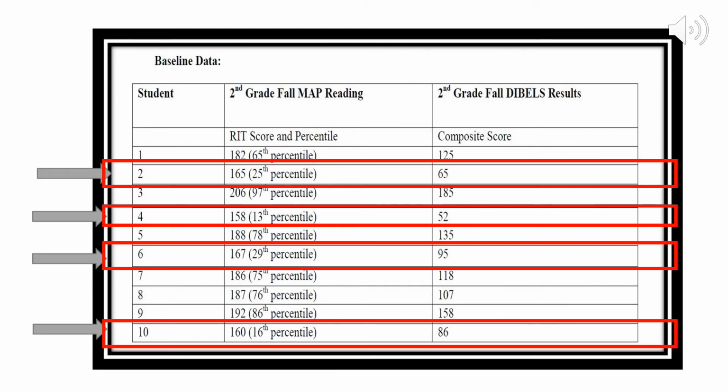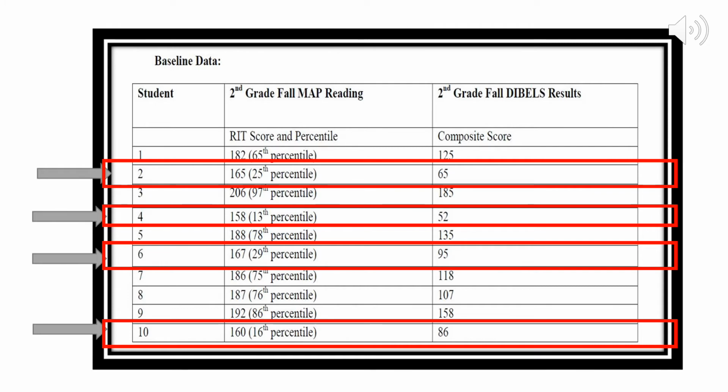Just using these baseline data, I can start to create my tiers. If you'll remember when we talked about the SLO, we could have tiered growth targets, meaning we might have tier 1 for our advanced students, tier 2 for our proficient students, and tier 3 for our students who are probably not performing proficiently or on grade level. So I've highlighted the students who scored well below the 50th percentile, so well below average.